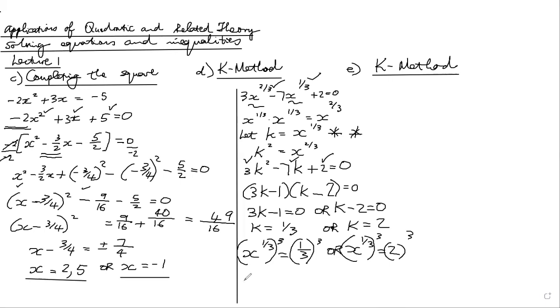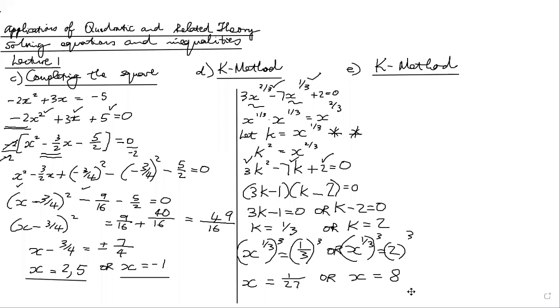Okay, so that tells us that x is equal to 1/3 all cubed, which is 1 over 27, or x is equal to 2 cubed, which is 8. Those are our two answers, which I can sign out by simply underlining them.